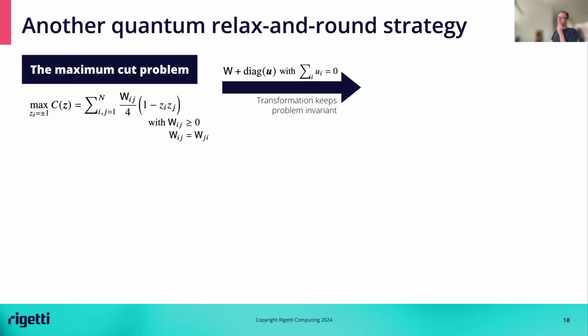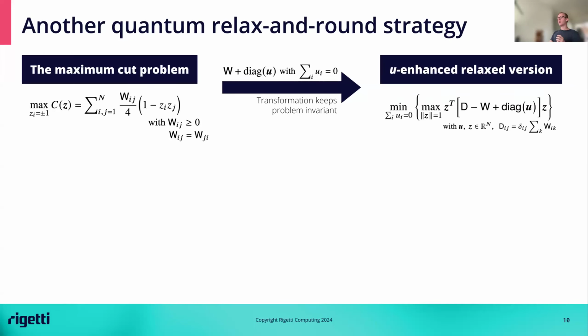So we can write down a U-enhanced relaxed version of this problem. And the relaxed problem is an upper bound to the optimal solution here, to the maximum cut problem. So with the help of this extra freedom in the correcting vector U, we can minimize the upper bound to get closer to the optimal solution.